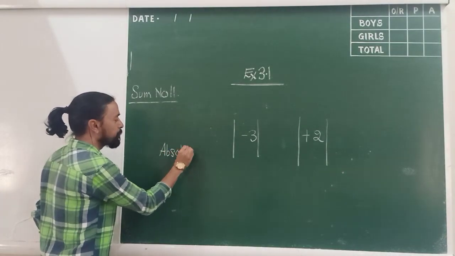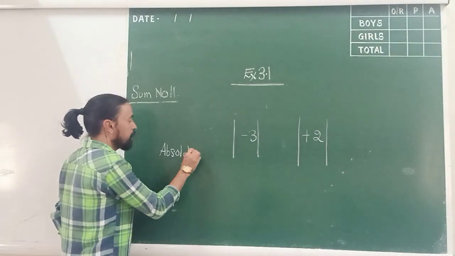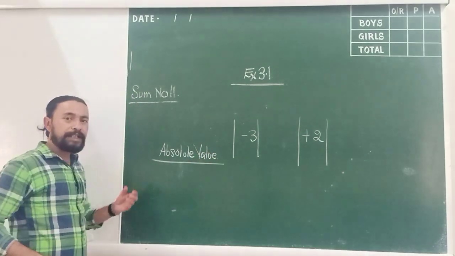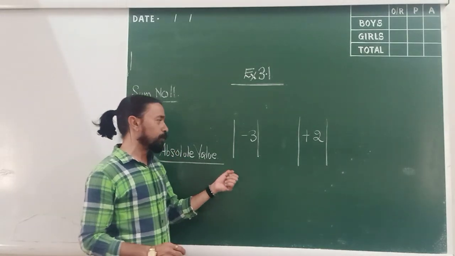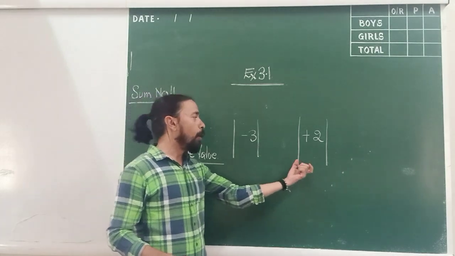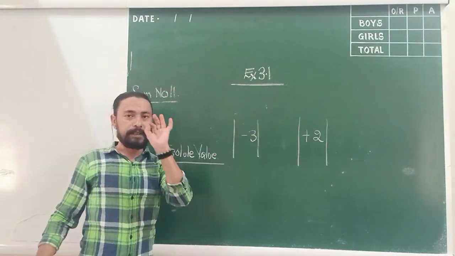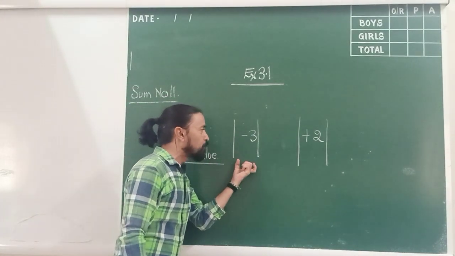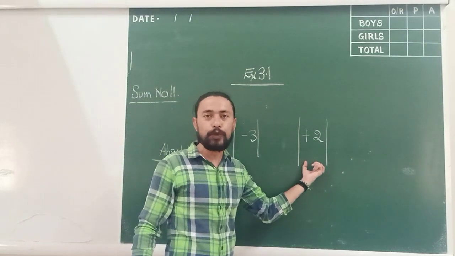This is something that is being introduced for the first time to you where integers is concerned. It's called absolute value. What does this absolute value mean? This absolute value means that when I have a negative integer or a positive integer placed between two vertical lines, the sum means to tell me to find the absolute value of minus 3 and the absolute value of plus 2.